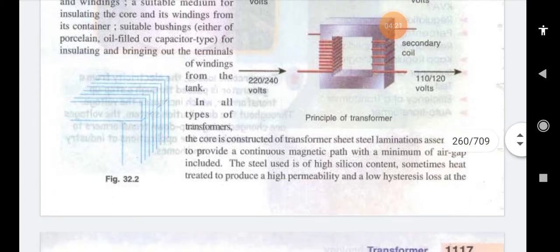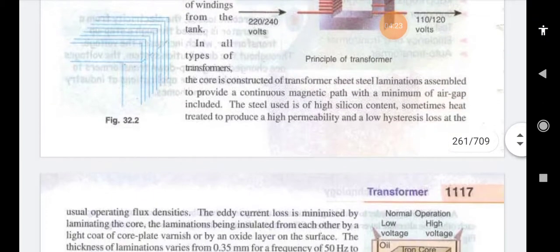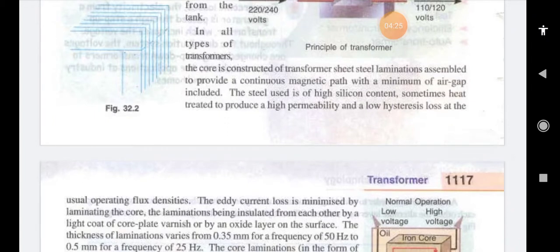In all types of transformers, the core is constructed of transformer sheet steel laminations assembled to provide a continuous magnetic path with a minimum of air gap included. The sheet used is of high silicon content, sometimes heat treated to produce a high permeability and low hysteresis loss at the usual operating flux density.